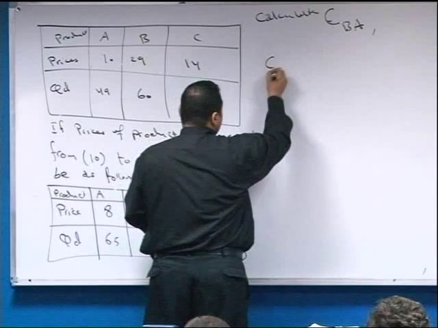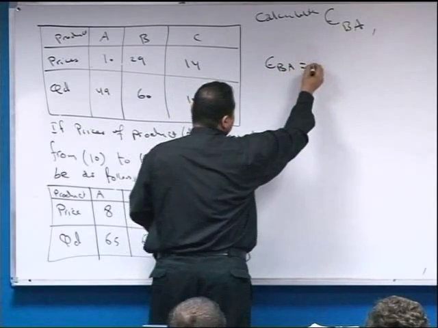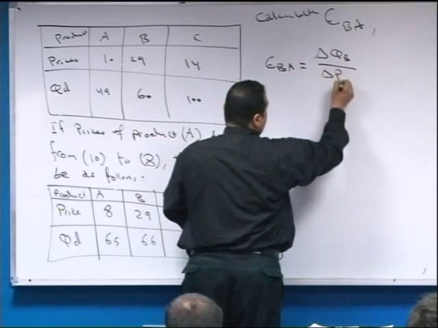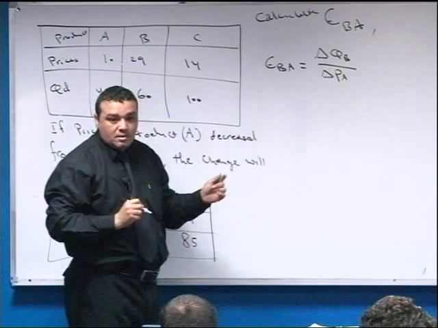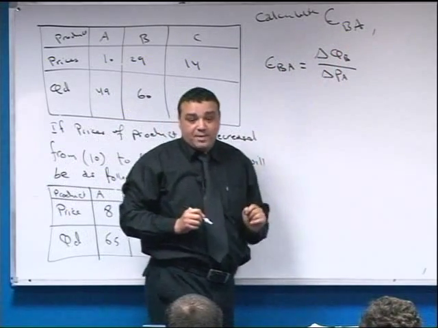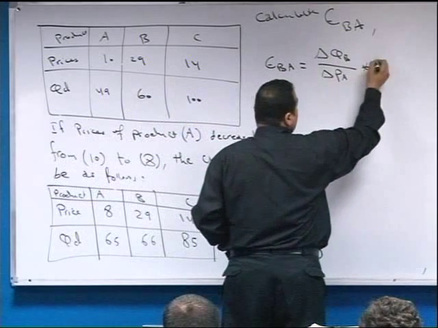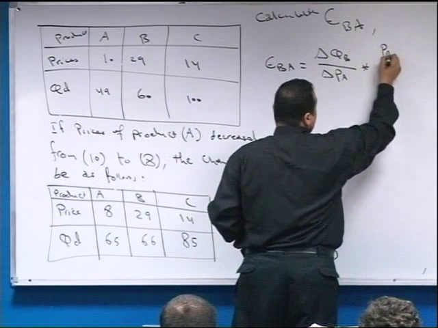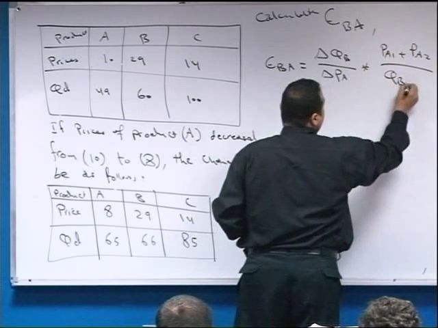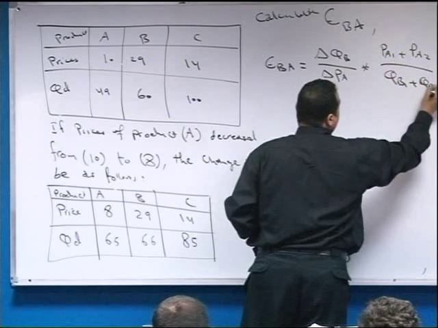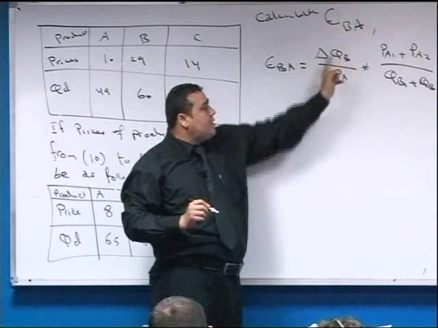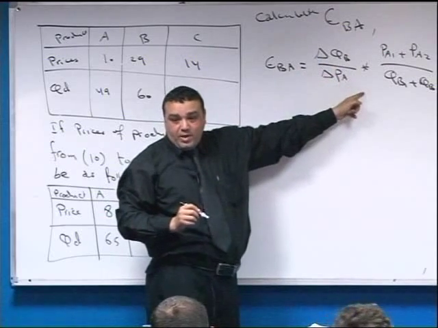So EBA equals delta QB over delta PA. Right? What is mentioned first here is the quantity, and what is mentioned last is the prices, times the summation of PA1 plus PA2 over QB1 plus QB2. QB2 minus QB1 over PA2 minus PA1, right?